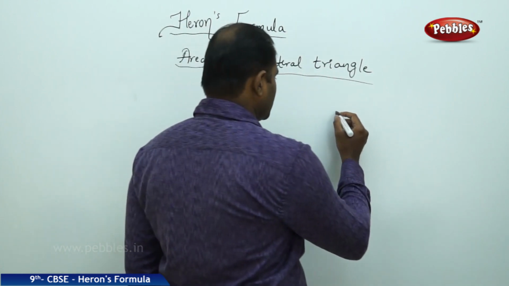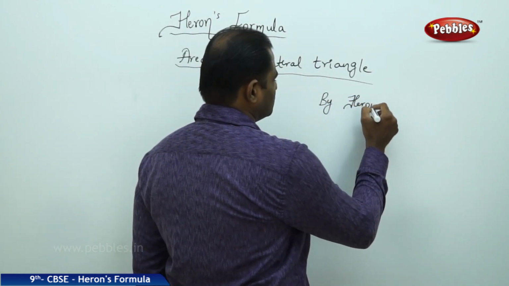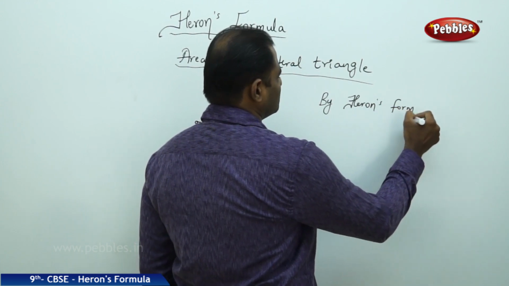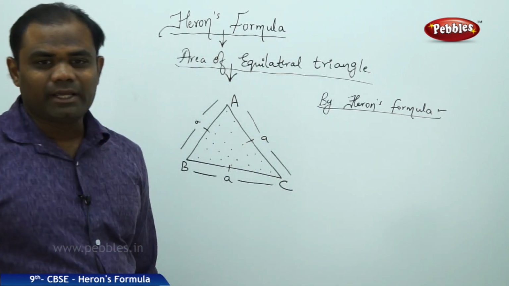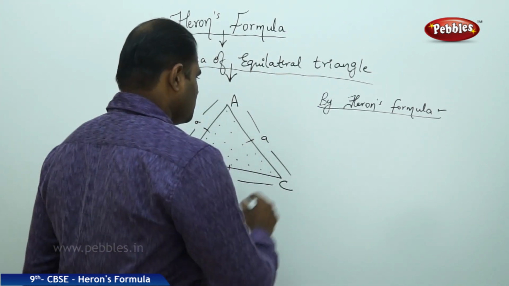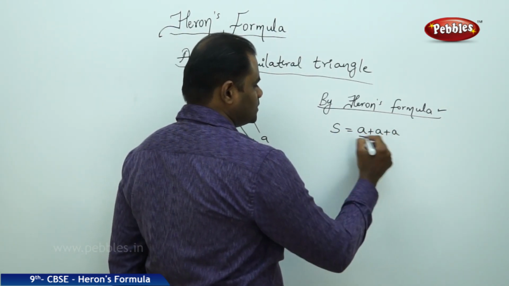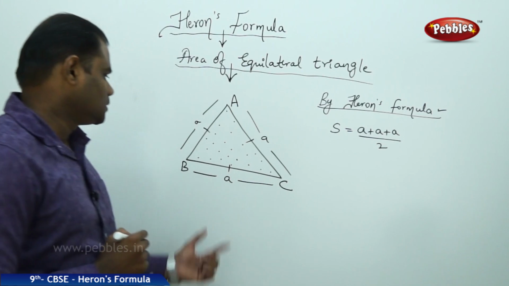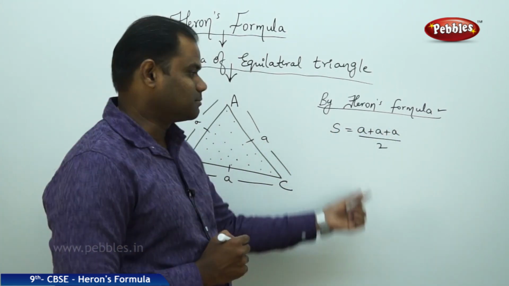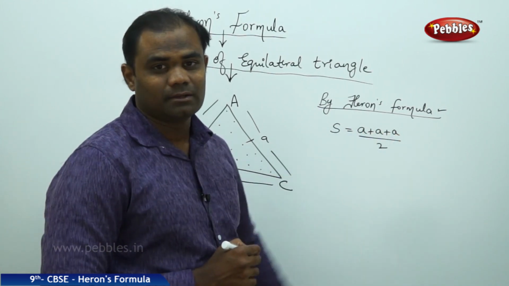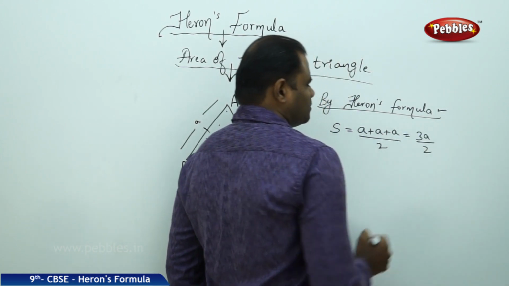So using Heron's formula, we know that the area of triangle is using the semi-perimeter. S is A plus B plus C by 2, because each of the sides is A. The sum of all the sides as the perimeter becomes A plus A plus A by 2, which is 3A by 2.